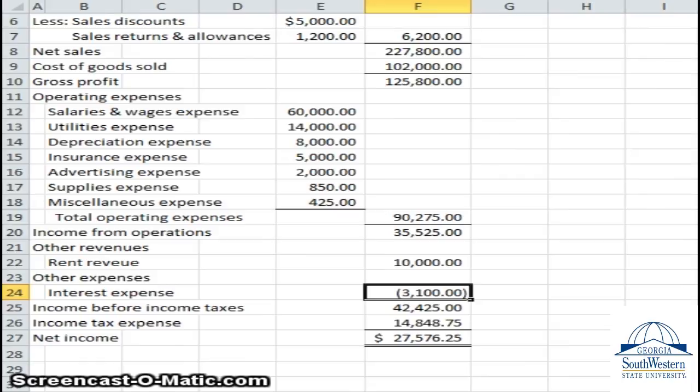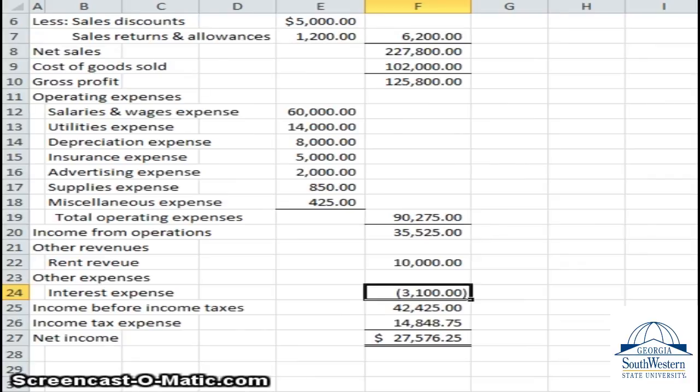Sometimes you'll see this listed as earnings before income taxes. And if you had a very detailed multi-step, if you've ever heard the term EBIT, earnings before interest and taxes. But that's a little upper level, but if you've ever seen that and wondered what it is, there's just a little information. So the only thing left to take care of are those income taxes. So we'd calculate our income tax expense, subtract it, and then now we've reached net income.